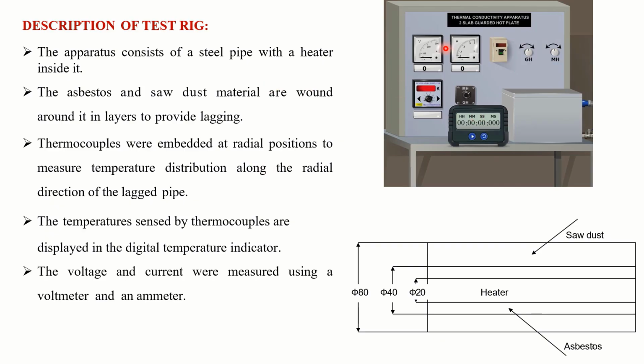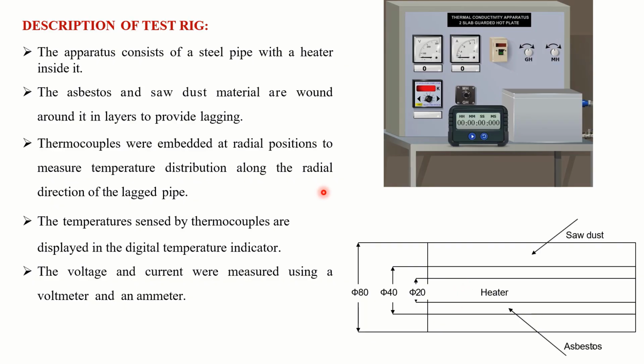There is a voltmeter and ammeter to regulate the power supply to the heater. From the heater, heat is transferred to the cylindrical pipe. The cylindrical pipe is connected with the heater. By regulating the power input, you can supply the required amount of heat to the heater, and from the heater, heat is transferred to the cylindrical pipe.